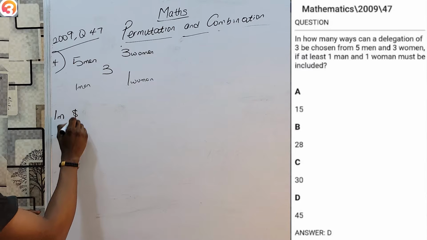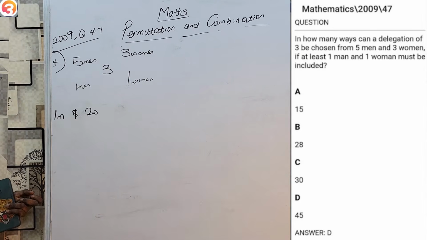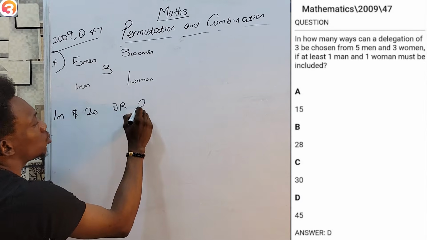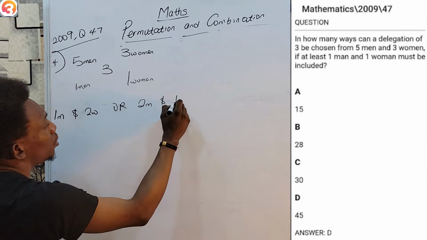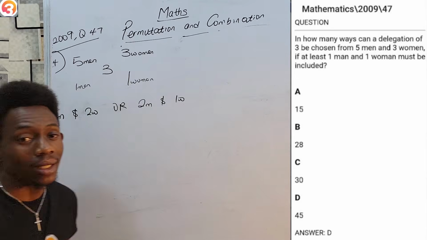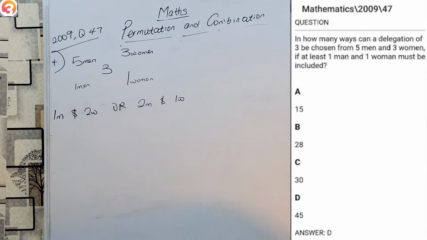So 1 man and 2 women. That's 3 members of the committee. Or I could have 2 men and 1 woman. Also 3 members. So you see, as long as we say there must be a man and a woman, these are the 2 possible ways I could arrange this committee.